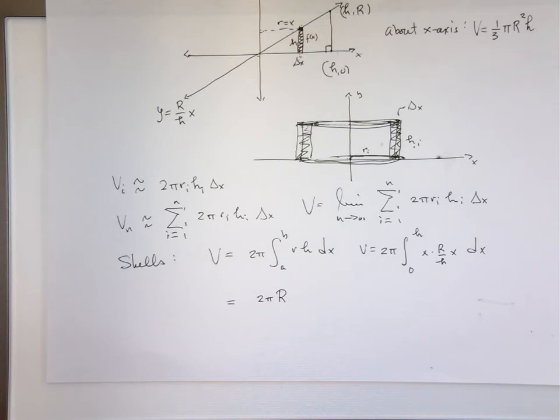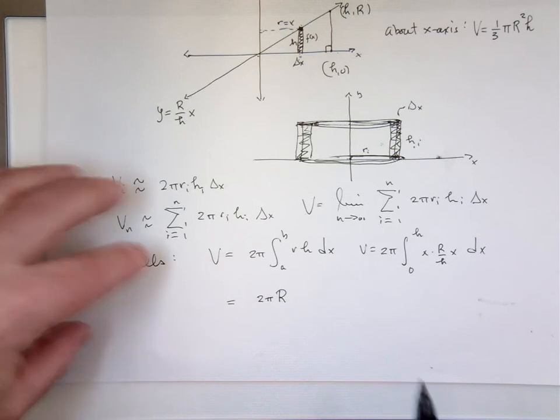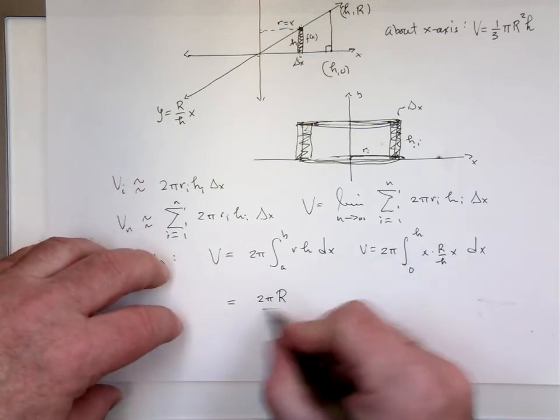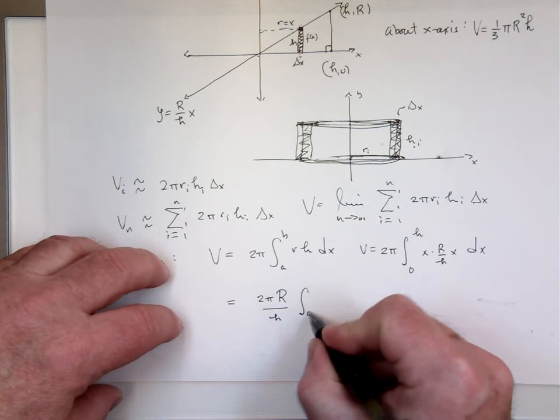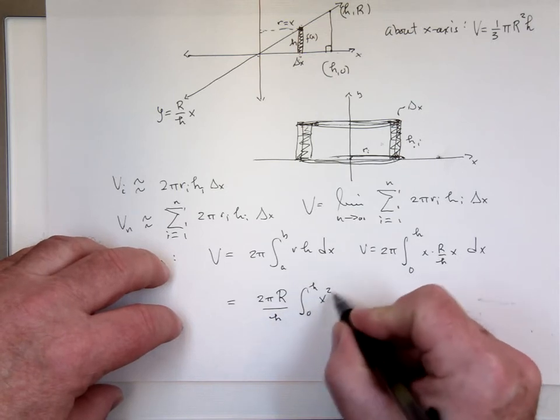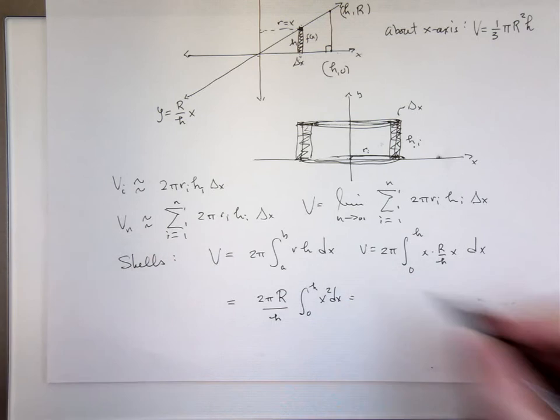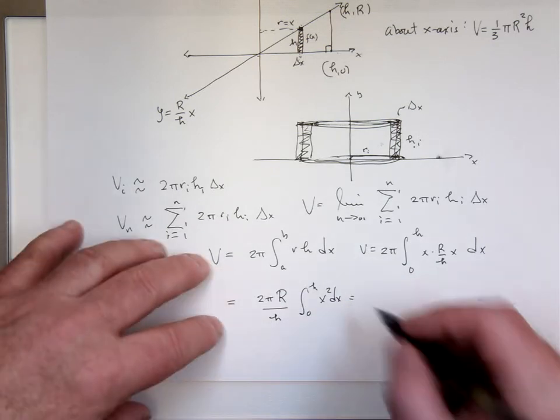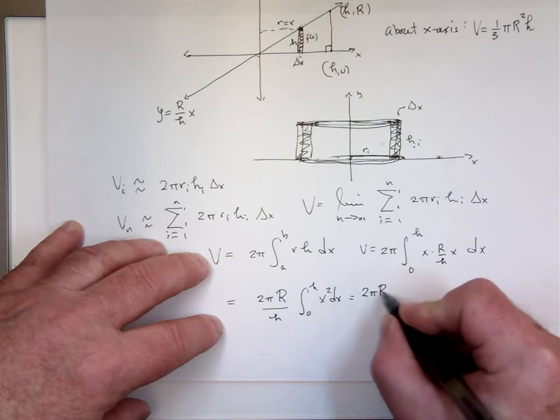All right, 2 pi r over h, 0 to h, x squared dx. Bless you. Somebody's allergic to shells, I see. All right, that's okay. It's possible. 2 pi r over h, x cubed over 3 from 0 to h.